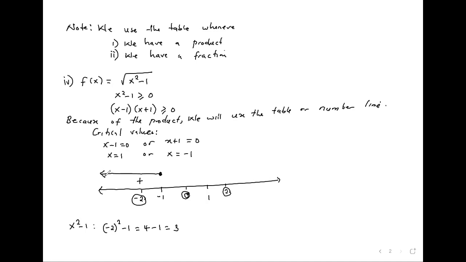Okay, so we get 0. We have 0 squared minus 1, which is -1, and negative. Negative from there all the way up to that number. You use 2, so 2 squared minus 1, that is 4 minus 1, which is equal to 3. Positive. So from here, positive all the way up to this far.